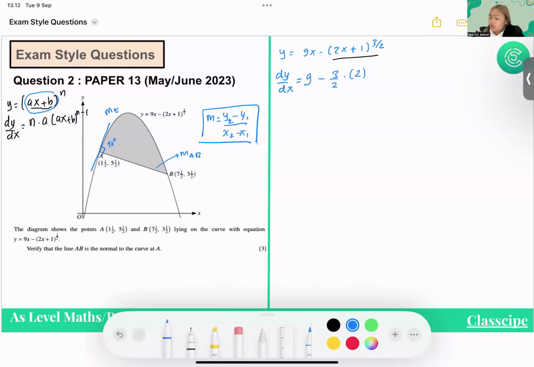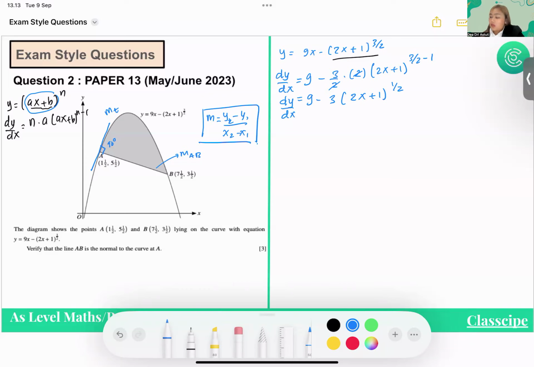So 2, and then (2x plus 1), don't forget the power, 3 over 2 minus 1. If I simplify, I get 9 minus 3 times (2x plus 1) to the power of 1 over 2. So this is our dy/dx.